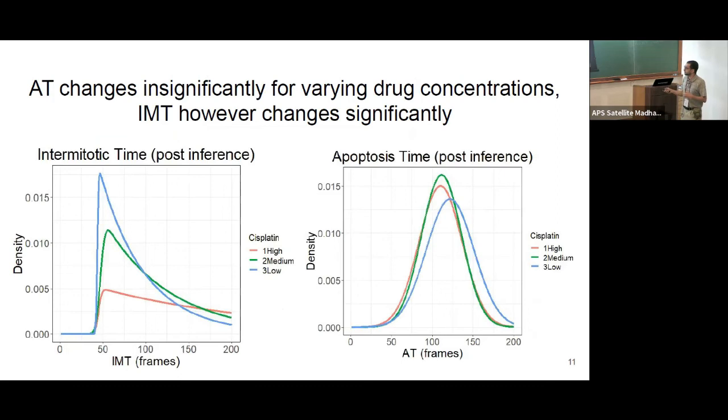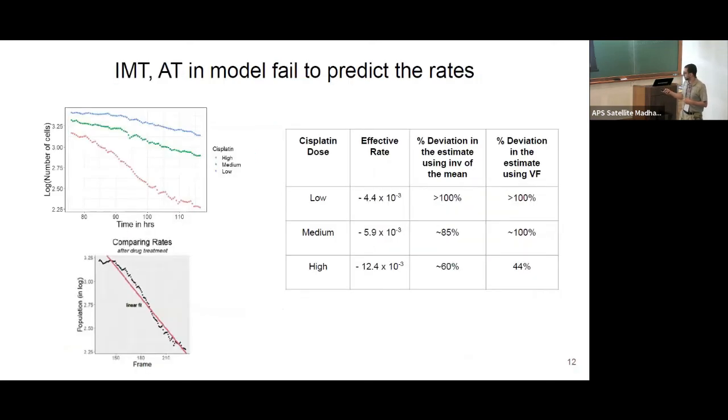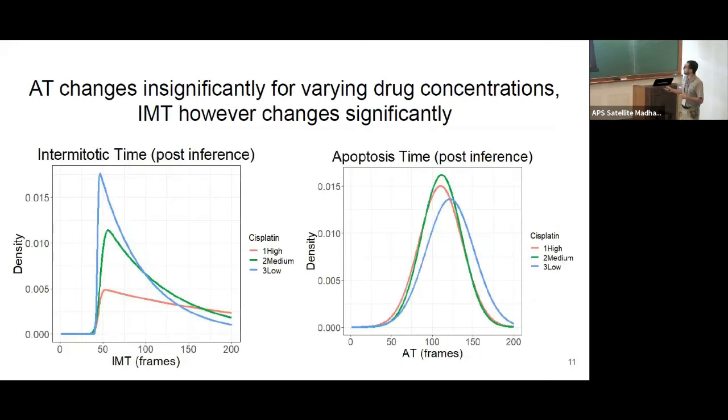Now, these were the distributions that we got, for the intermitosis time post-inference and the apoptosis time post-inference. Here again, what we saw was that the apoptosis time did not change much, whereas the intermitosis time showed a deviation. And this is for cisplatin, which is a cytotoxic drug.